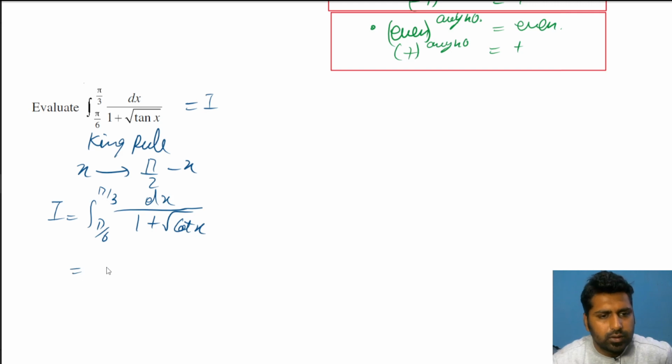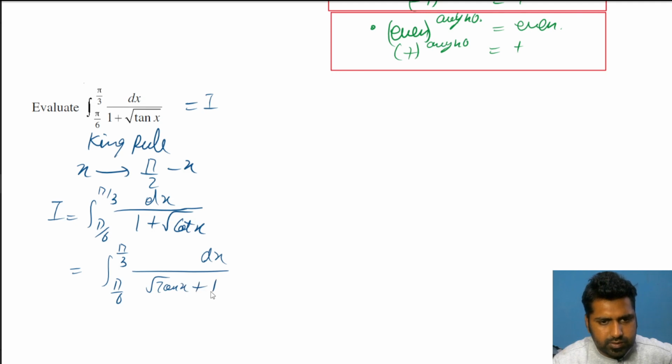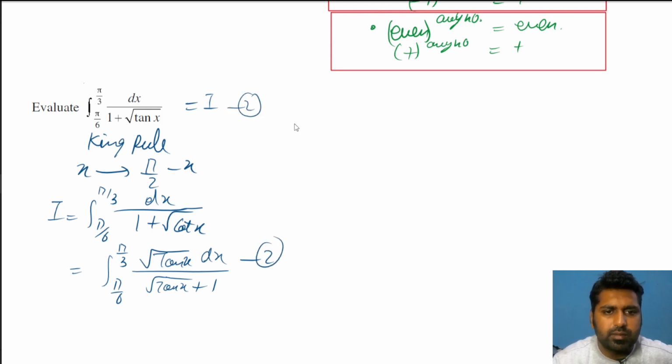So I write 1 by root tan x, and take the LCM, it will be root tan x plus 1, and root tan x will be in the denominator, which I can shift to the numerator. Now at least these two expressions, 2 and let's call this 1, are matching.